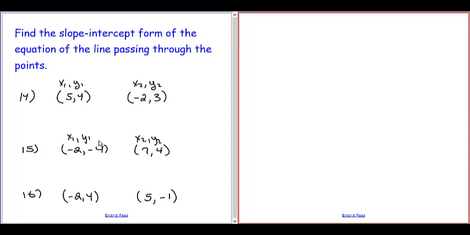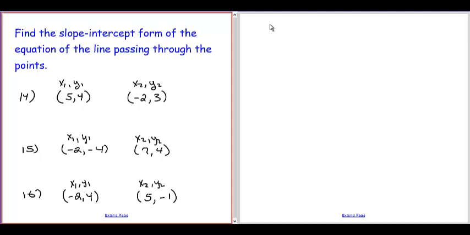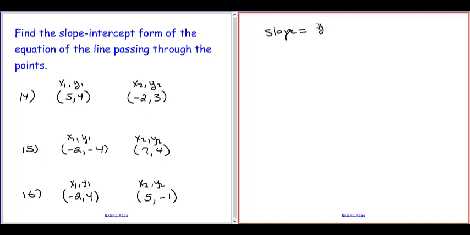And the final one, let's go ahead and write in these. So we get the slope is equal to y2 minus y1 over x2 minus x1. y2 is negative 1. We subtract y1, which is 4.